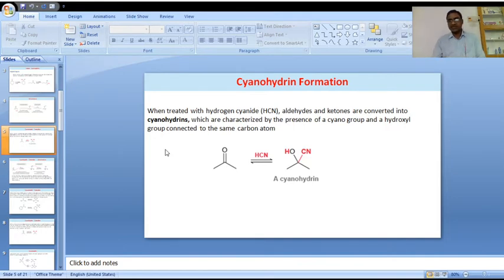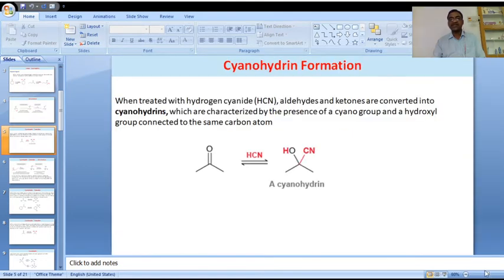Here please observe, this is the ketonic functional group which on reaction with HCN forms cyanohydrin. I will enlarge the slide.